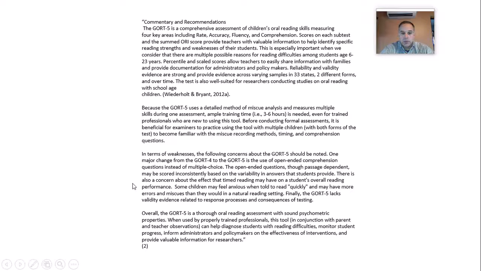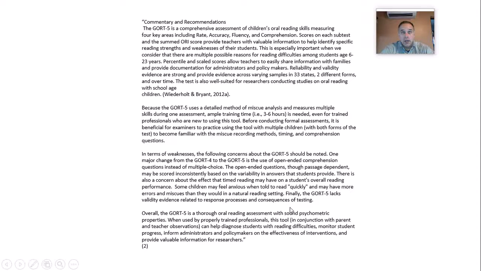There's also a concern about the effect that timed reading may have on a student's overall reading performance. Some students may feel anxious when told to read quickly, thereby producing more errors and miscues than in a natural setting. And according to this publication, the GORT-5 lacks validity evidence related to response processes and consequences of testing.